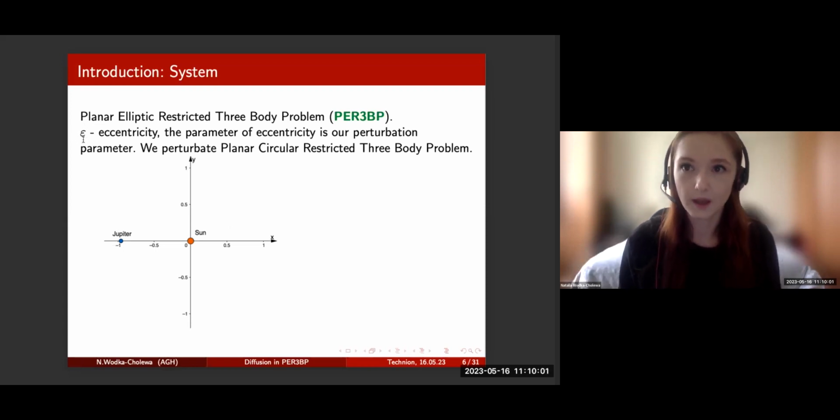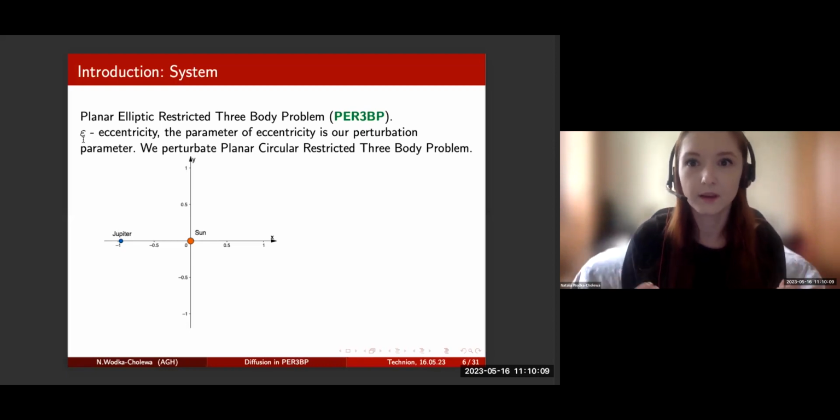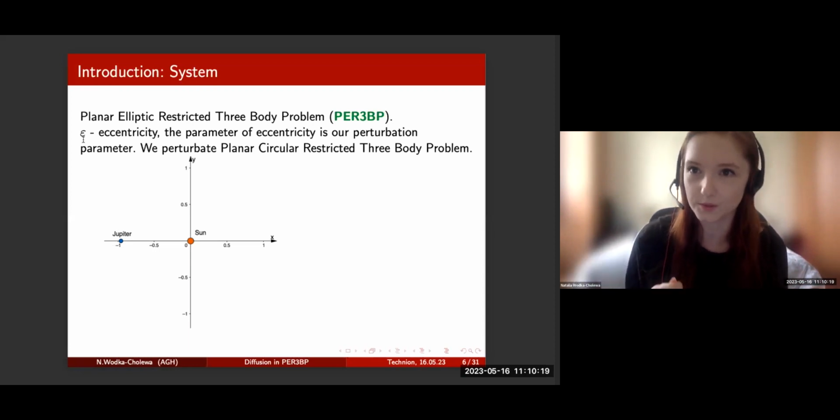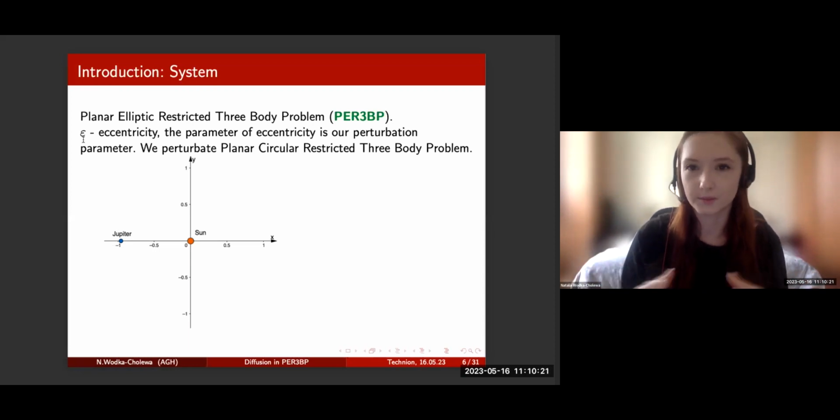So we will have the circular problem, and we perturb it by this parameter. It's small, it's greater than 0, but I won't say what the interval of this is. It's small enough, so we have the perturbation.